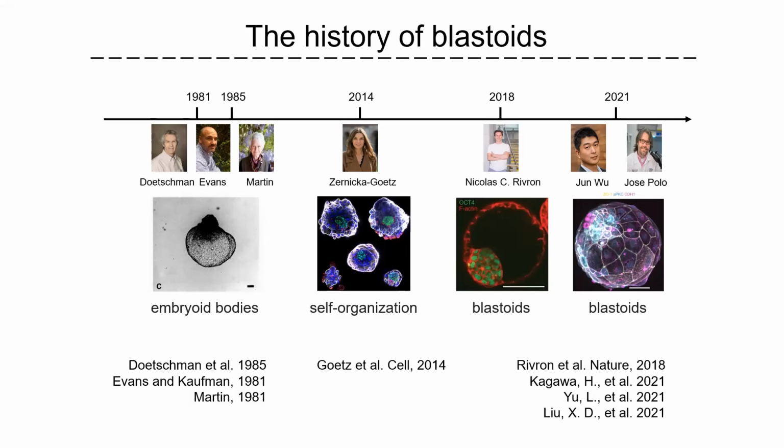Following this report, several other labs have reported modified methods for blastoid generation that all recapitulate the blastocysts' overall morphology and contain the three distinct cell lineages. Only four years since it was proposed, blastoids actually experienced 40 years of evolution and development.